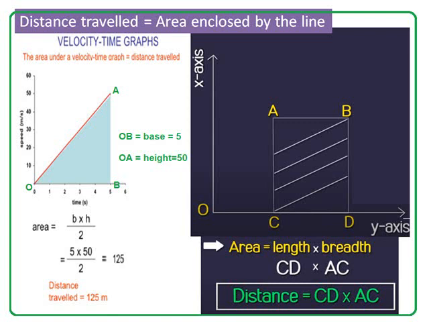So area of the rectangle is given by the formula length into breadth. The length is given by CD and the breadth is given by the height AC. So choose the values from the graph if it is there, and find out the value of the length with the breadth, and when you multiply the length with the breadth, it will give you the area enclosed by the body.